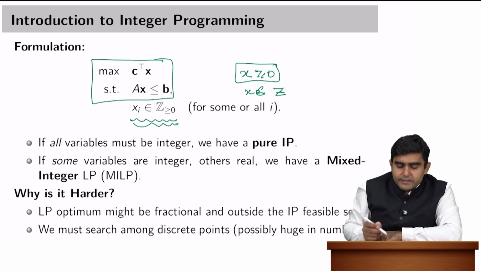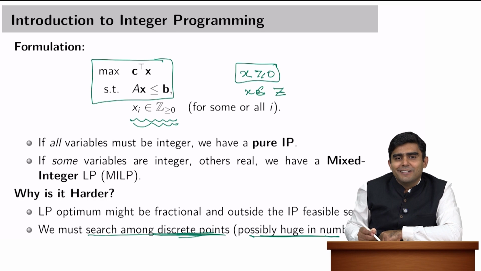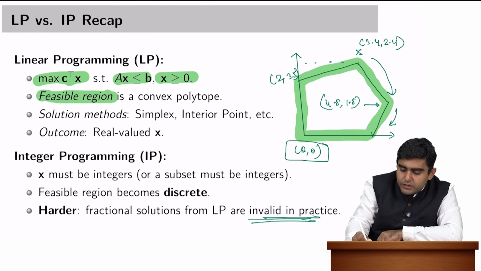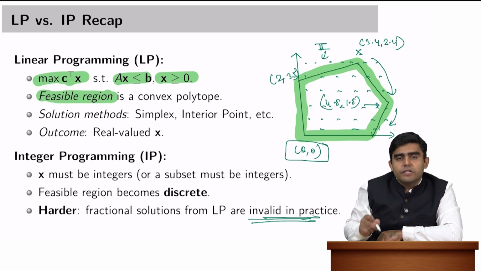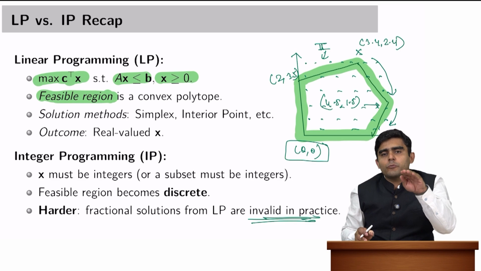So, why is it specifically harder? It is that we may have to search among discrete points which are possibly huge in number. So, for example, if I take this polytope and I put a grid around this like this, now this grid can be of any resolution, and if these grid points are the points that are representing integral space within or at the intersection of this convex polytope, in 2 dimensions I can still go from one point to another point and so on.